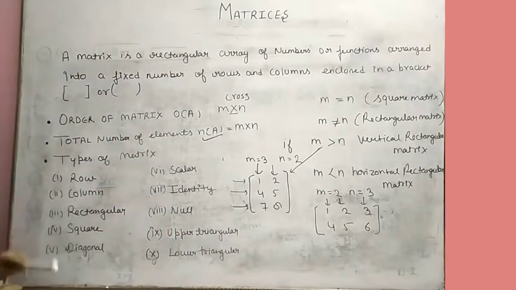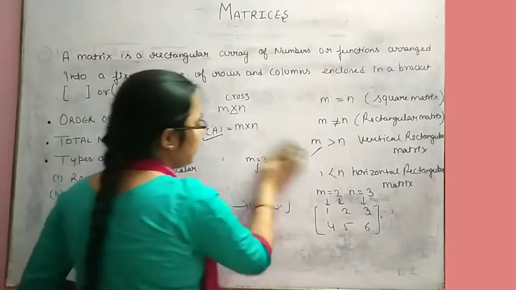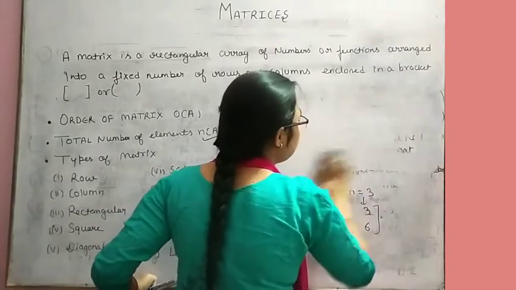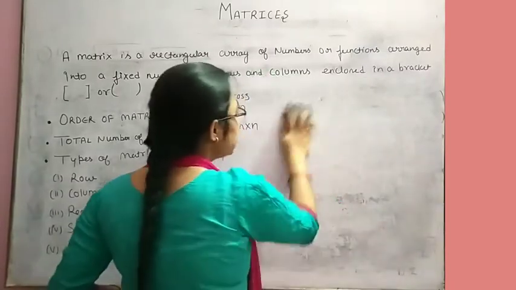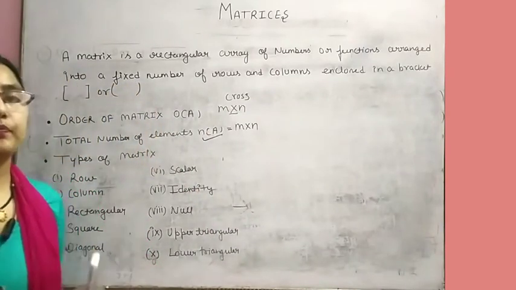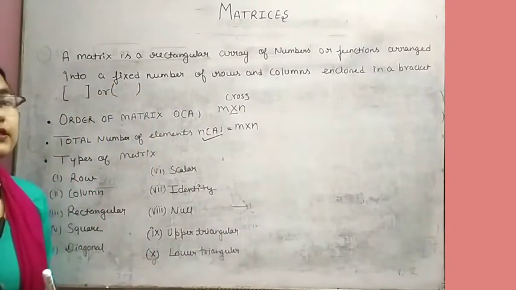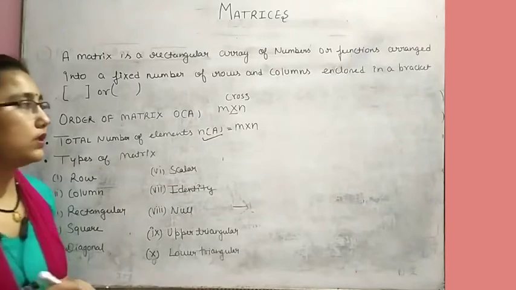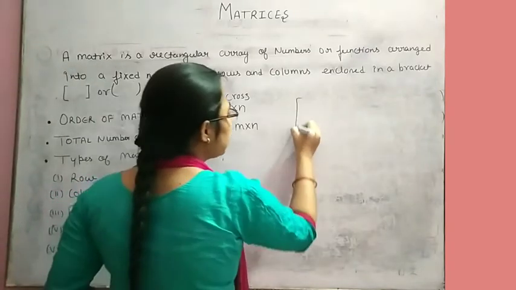Now the next, diagonal matrix. What is the diagonal matrix? In diagonal matrix, the principal diagonal elements have values and the non-principal diagonal elements are equal to 0. What is the meaning of principal diagonal?